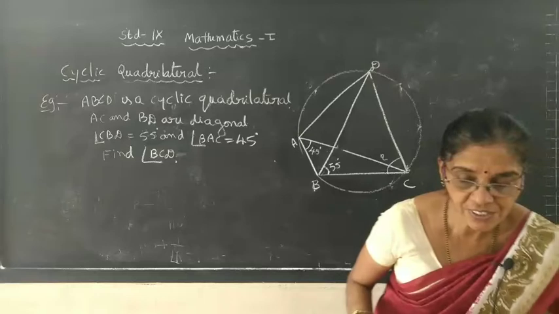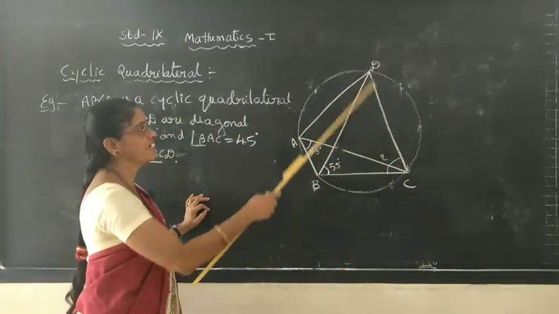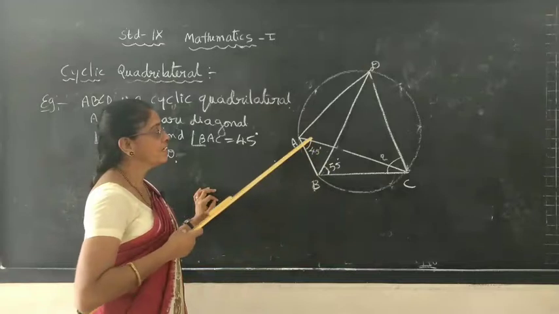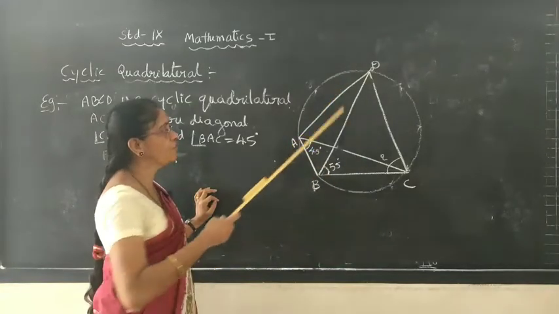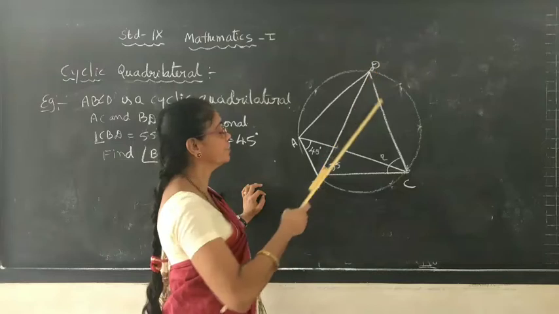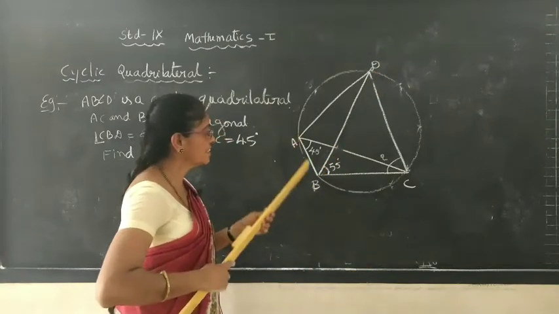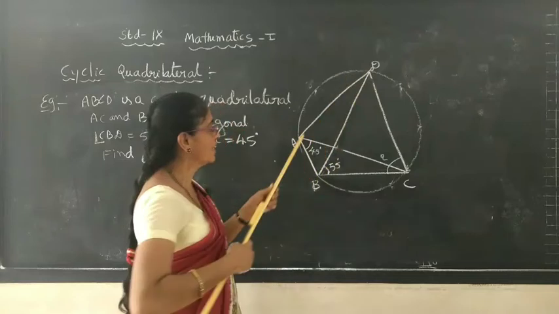Now, if you see the figure, all vertices of the quadrilateral ABCD lie on the circle, right? So, ABCD is a cyclic quadrilateral.